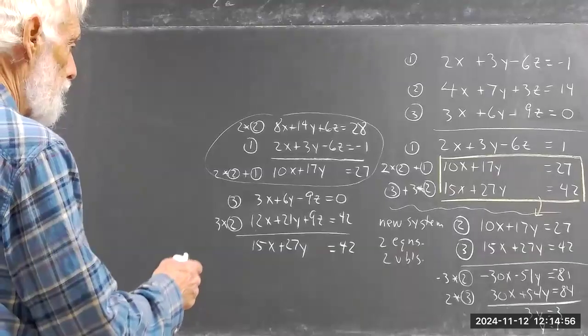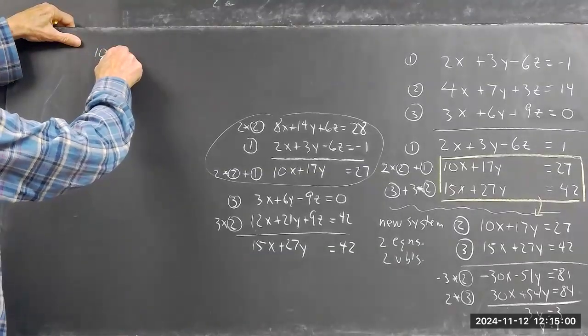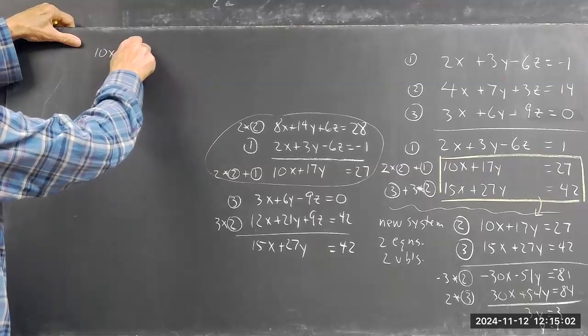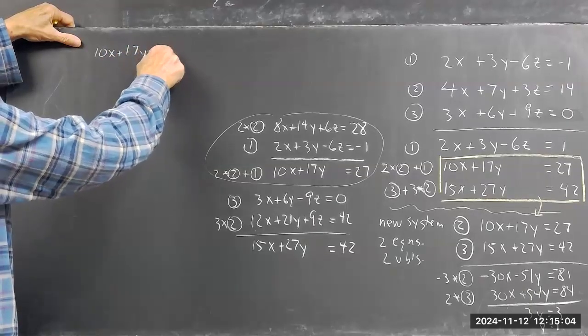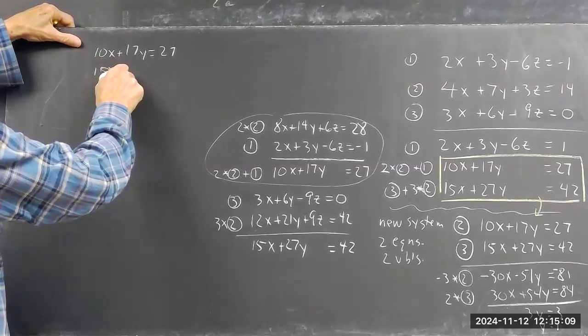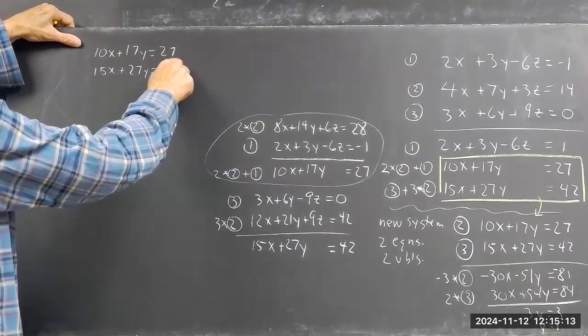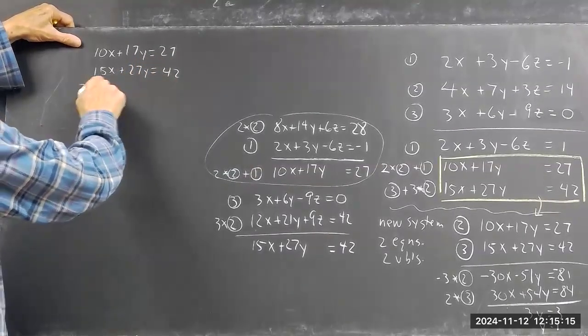Just to abbreviate what I have here a little bit, I'm going to write out 10x plus 17y equals 27, 15x plus 27y equals 42. Be sure to copy it down correctly.